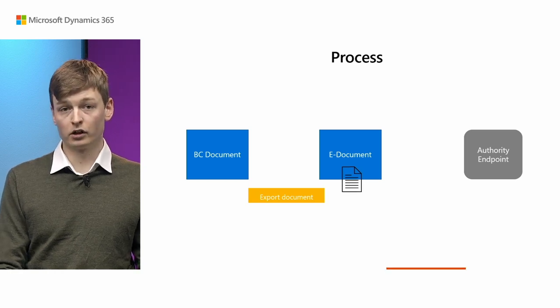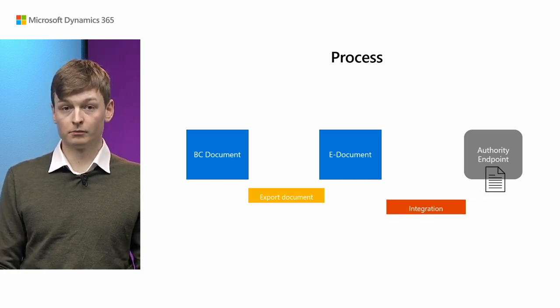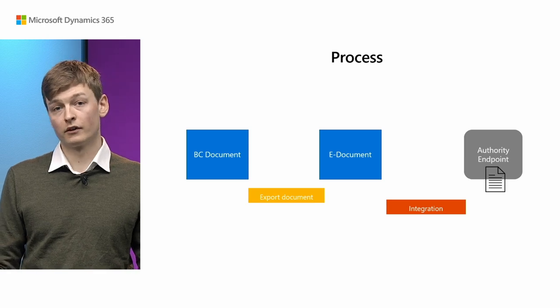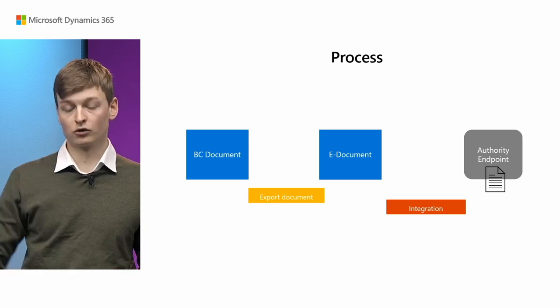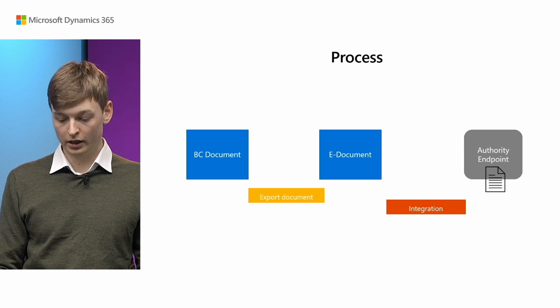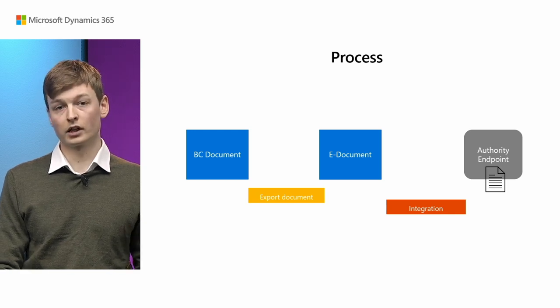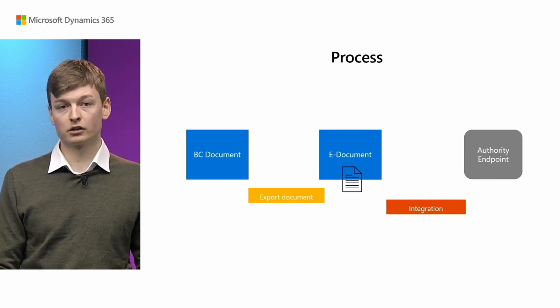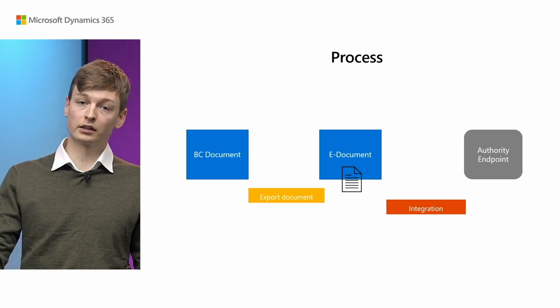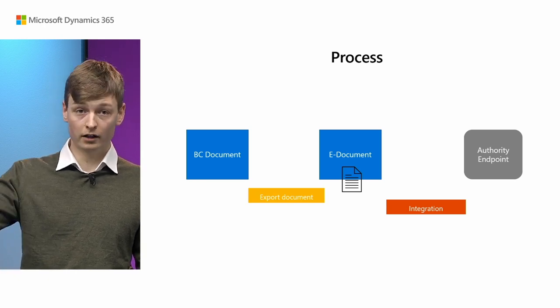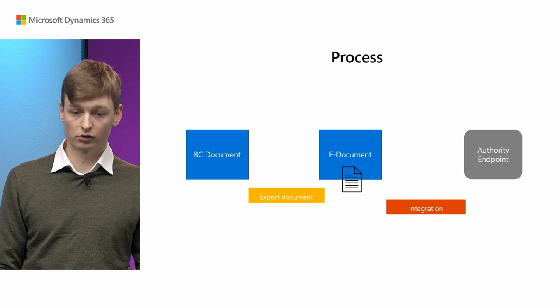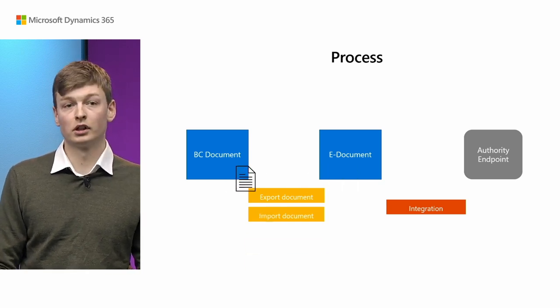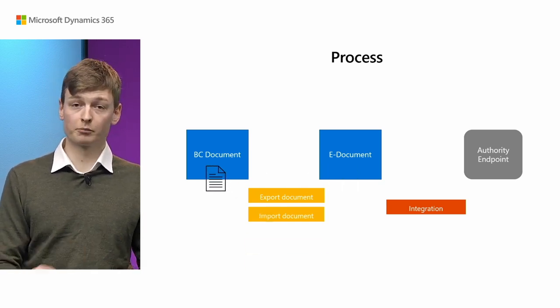Then we have our service integration implementation that decides how we send this out to an authority endpoint. And vice versa, when we receive something, again we use the integration implementation to get the data from a provider into an electronic document.